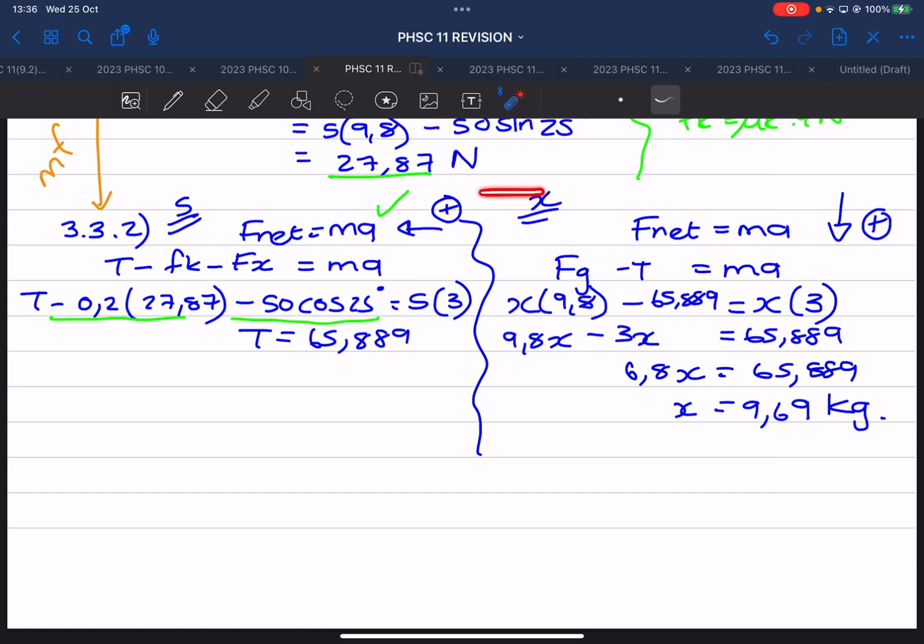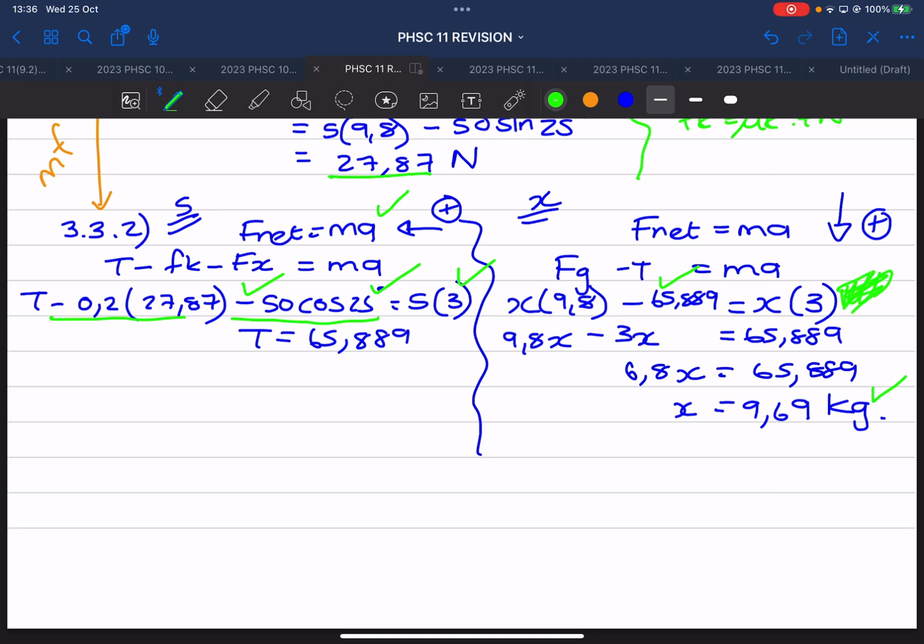If you choose to the right to be positive and up to be positive, then this A must be minus 3. So please check for that. So you get 6 marks.